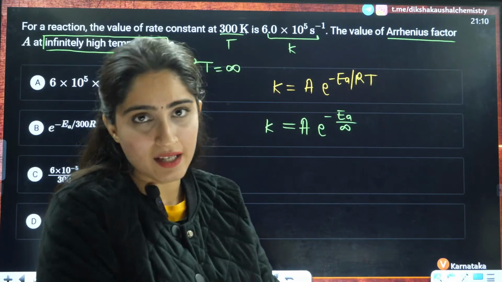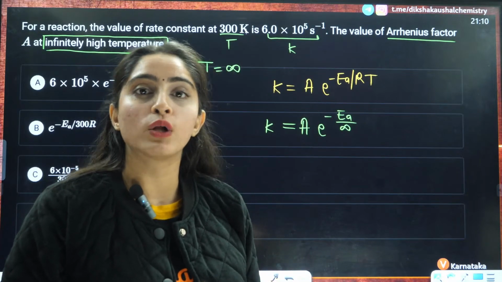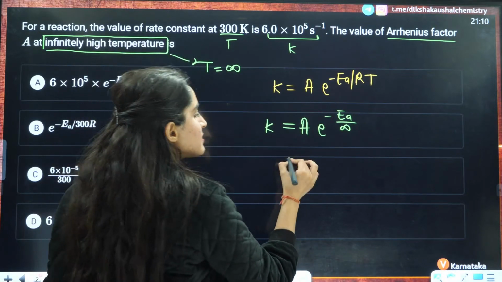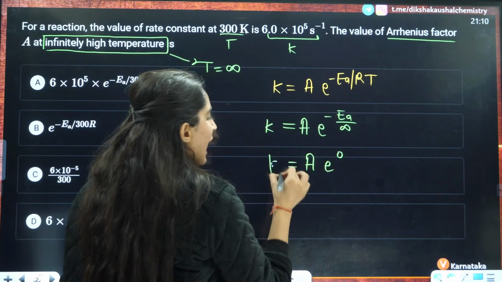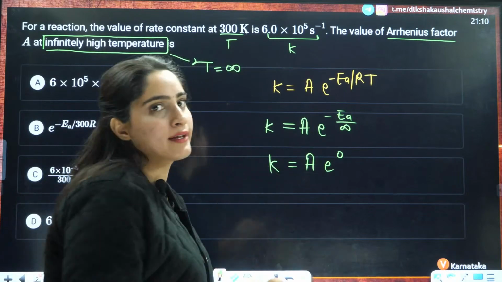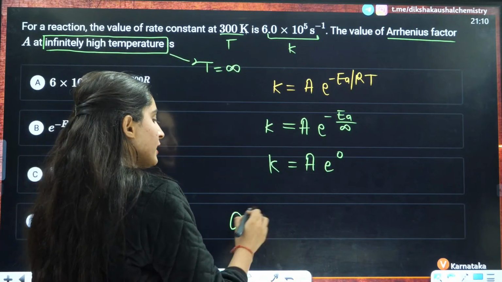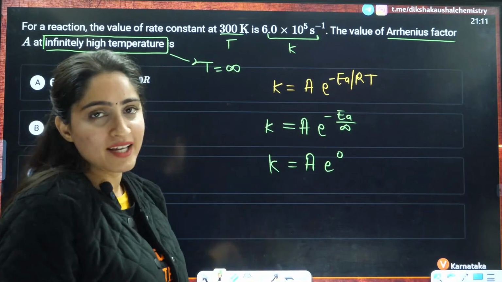Now anything which is 1 by infinity is always equal to 0. That means here this will be A e^0. Anything raised to power 0 is always 1.